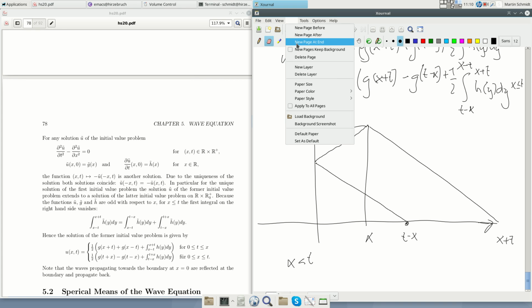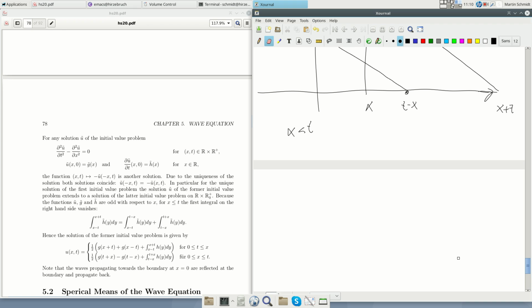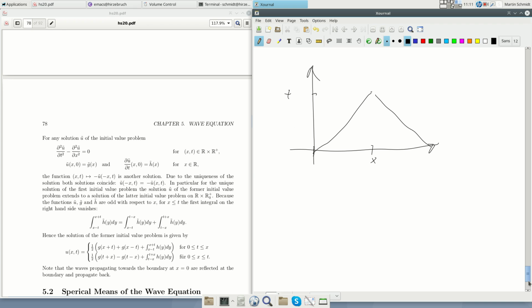So maybe I draw now the picture. When x is equal to t, then we have this line, and then it's not anymore reflected.